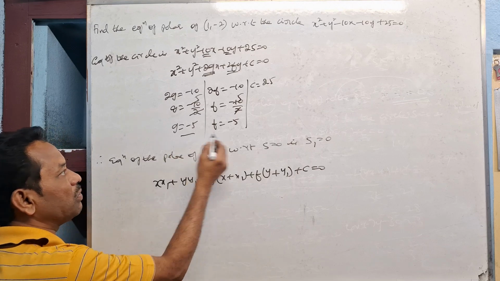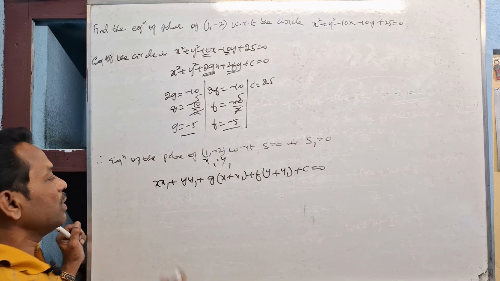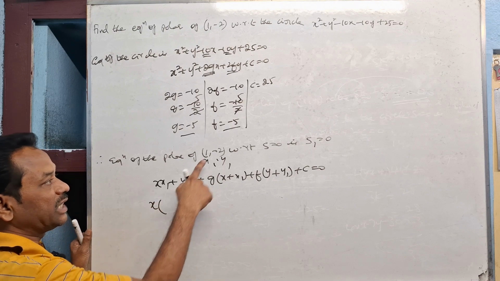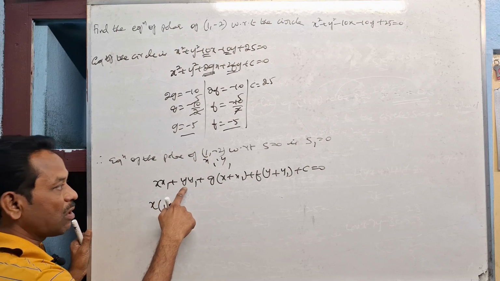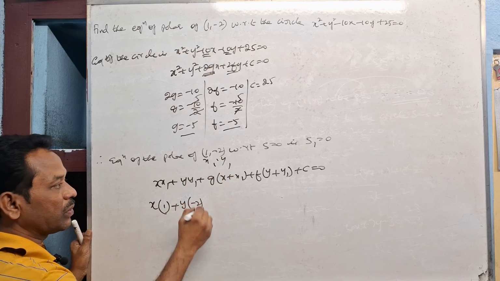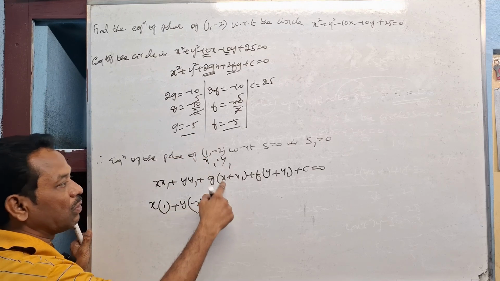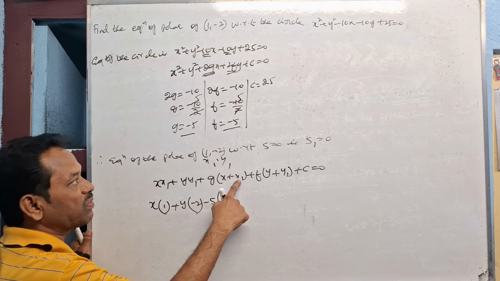So we have g value, f value and x1, y1 values. Let me put all the values in the formula. x into x1 is 1 plus y as it is into y1, and y1 is minus 2. Now g value is minus 5. Let me take minus 5 into x as it is, and the value of x1 is 1.